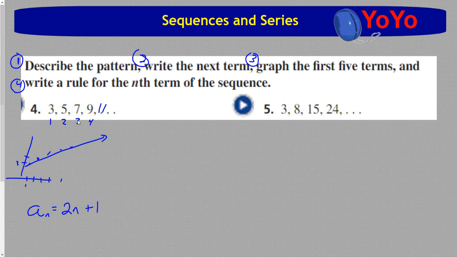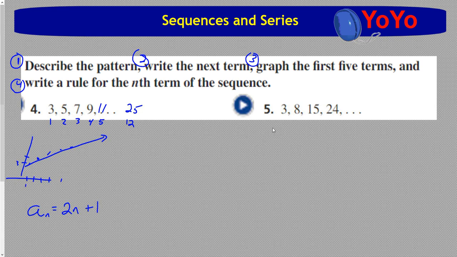For the third term, plug in a 3, so I double it, I get 6, and I add 1. So if you double the number of the term and add 1, you end up where you're supposed to be, right? This would be the 5th term, double it and add 1. The 12th term, if I double it and add 1, should be 25. And if you keep adding 2, eventually we'd get to 25, 7 more terms down the road.